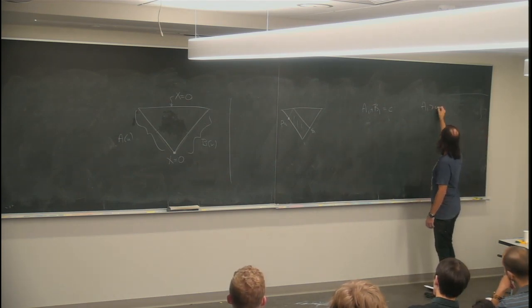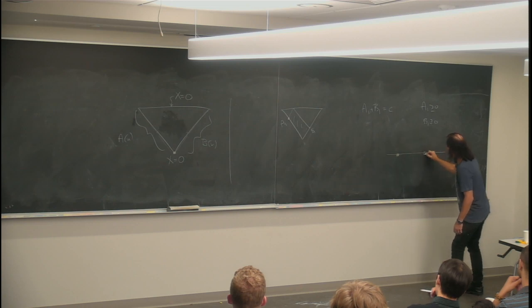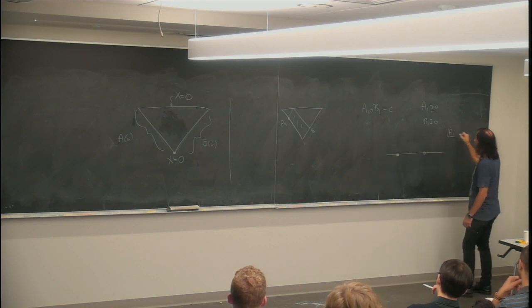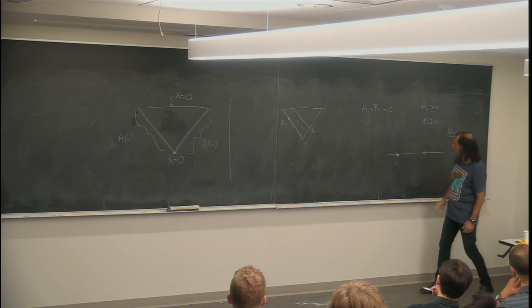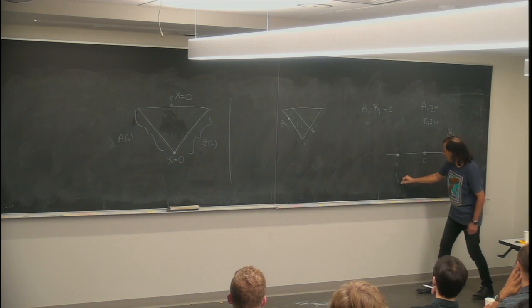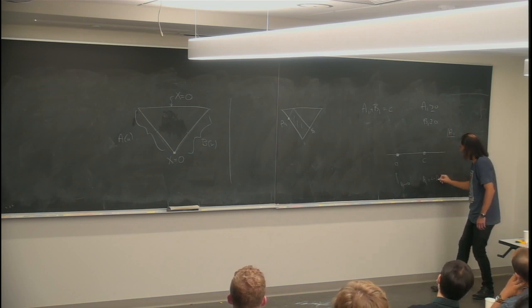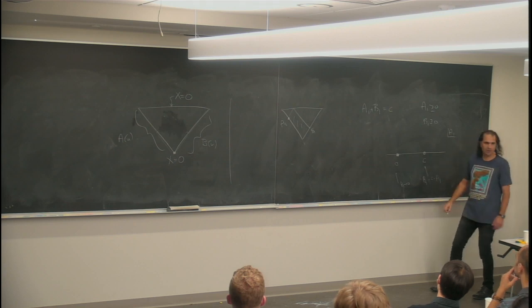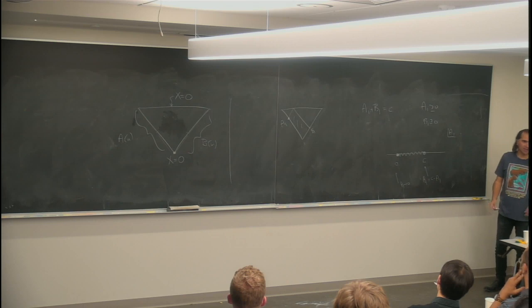So I want A1 to be positive, B1 to be positive. And so that means that in A1 space, so here is A1 space, there is some region that I have to live in. A1 has got to be bigger than 0, but it has to be smaller than C. Because here is where A1 vanishes, and here is where B1 equals C minus A1 vanishes. So the allowed values of A1 live inside this interval. Okay?